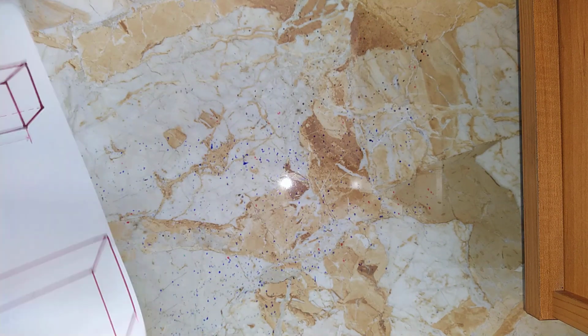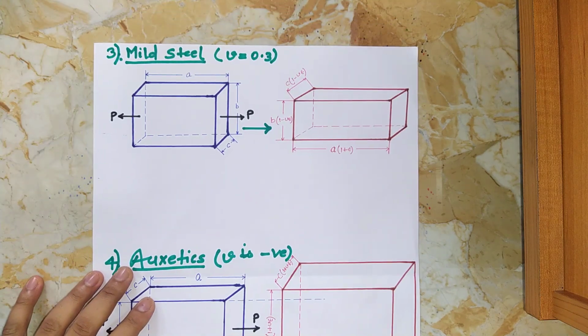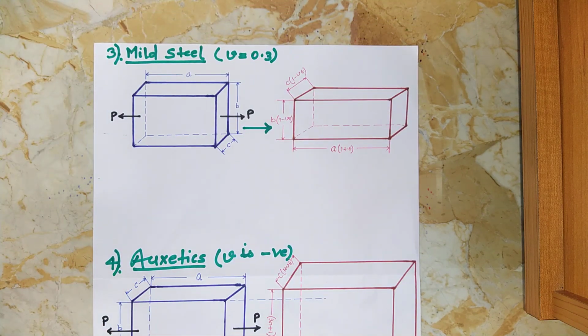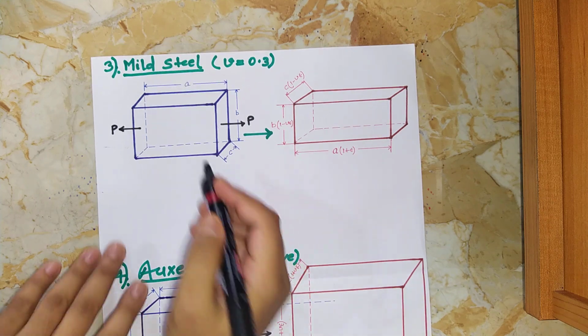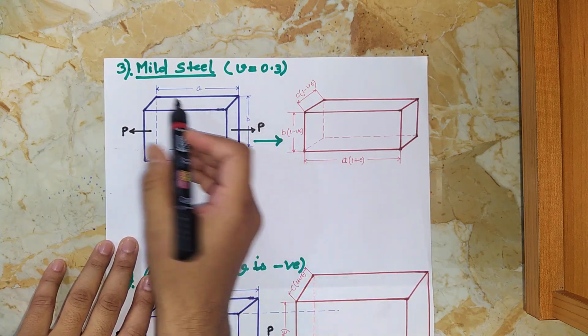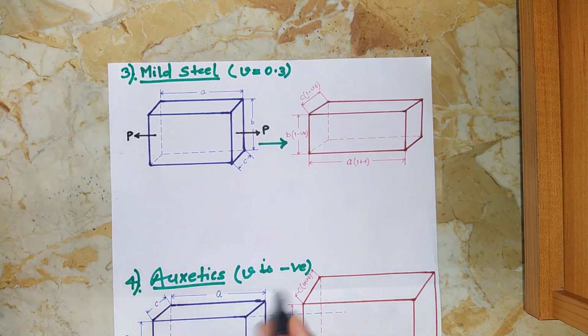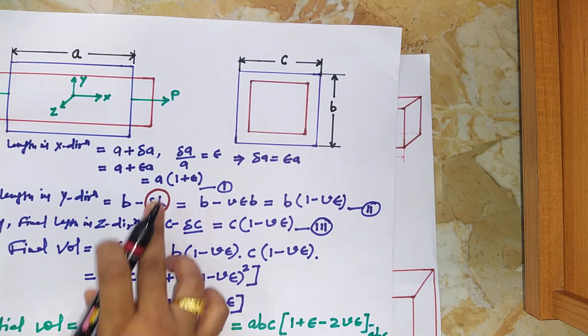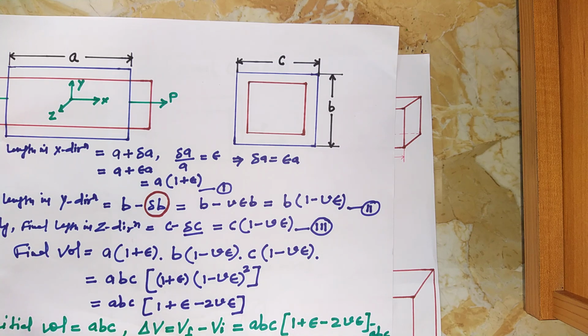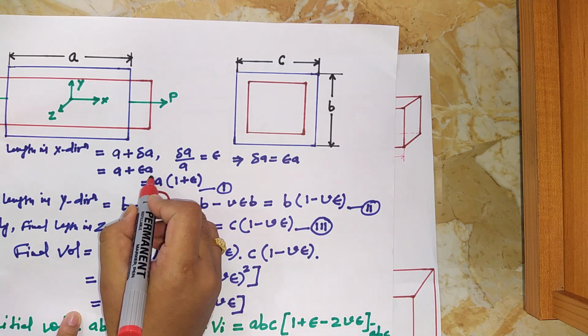So now we'll see mild steel. Okay, let us take mild steel as another example. Here we take a prismatic bar in which the initial dimensions are A, B and C. As we have discussed, there will be some tangible change in volume and lengths also.